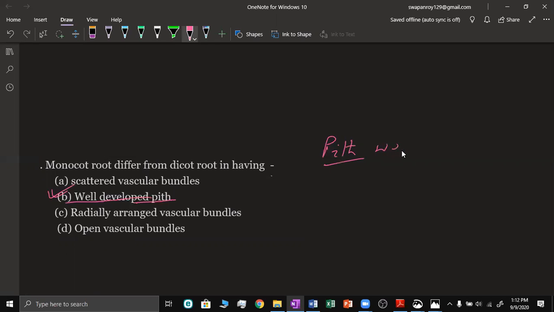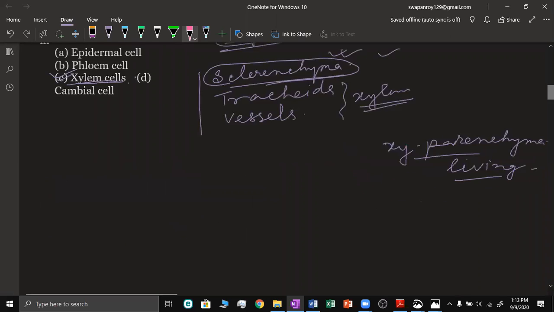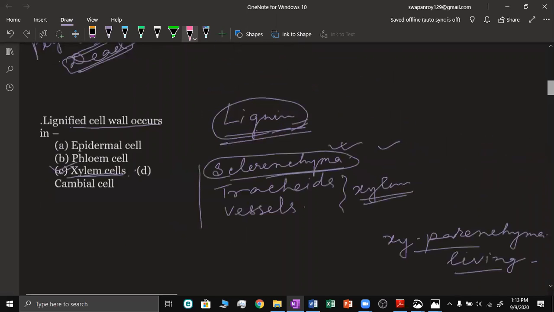Pith is well-developed. Here you can see, we have a diagram.